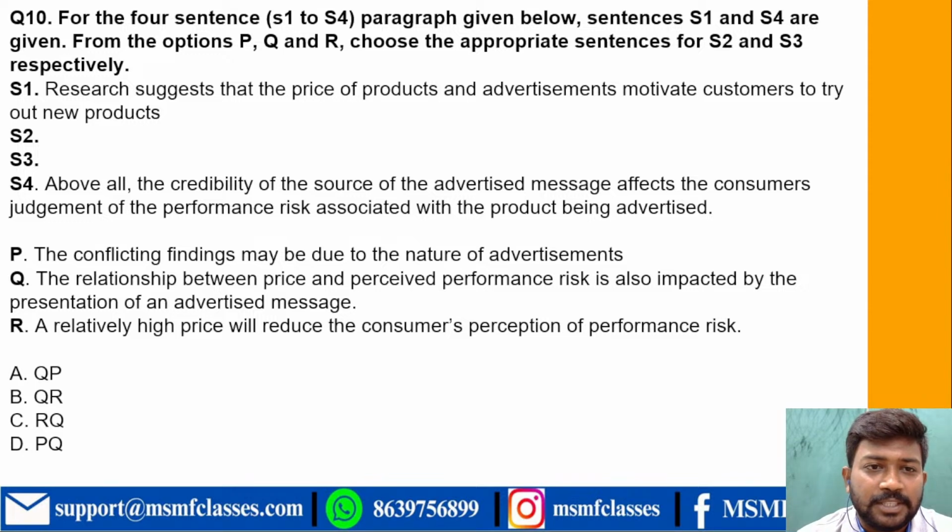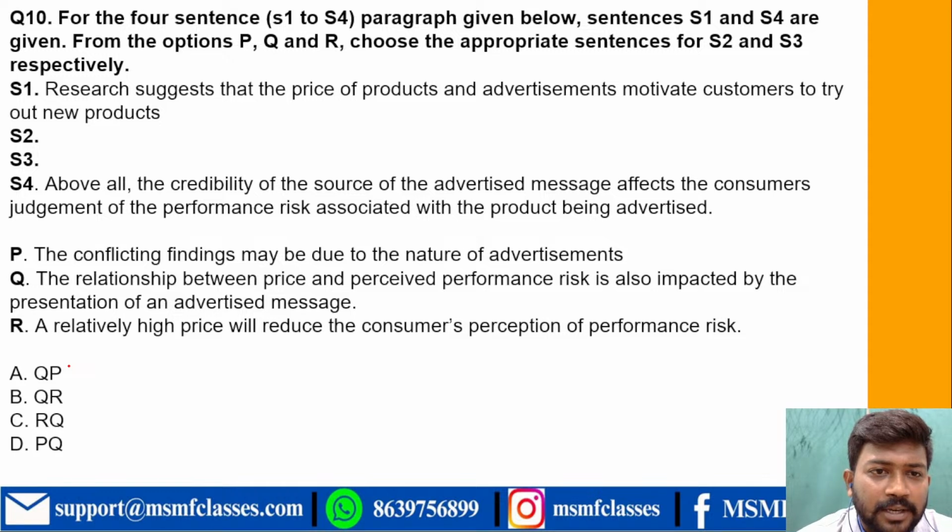So the research suggests, they are speaking about the research here. Is there any sentence relevant to research here? Yes, exactly. You can observe Q here. The relationship between the price and perceived performance risk is also impacted by the presentation of advertised message. Contextually, Q becomes the option, and you just check whether it is QP or QR.